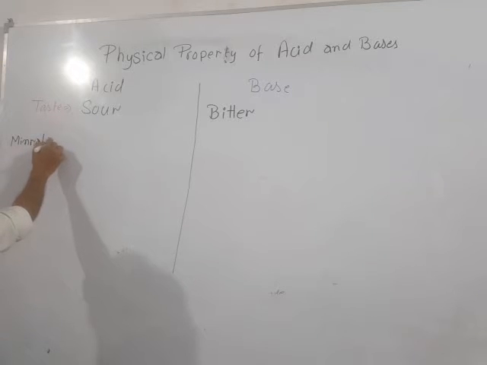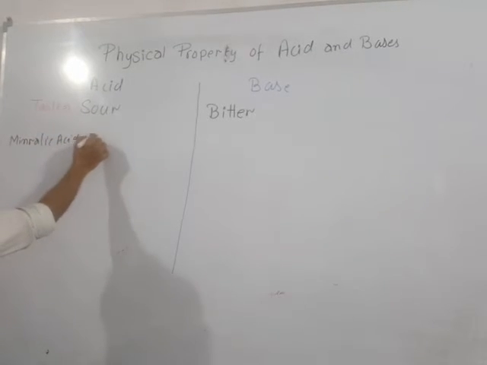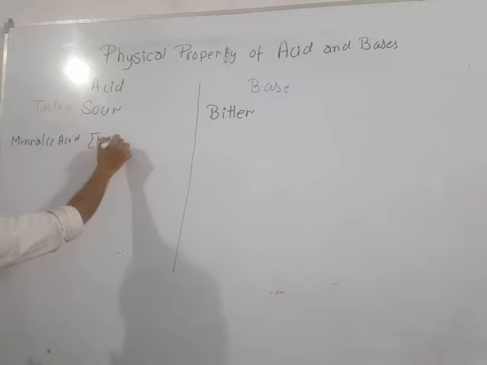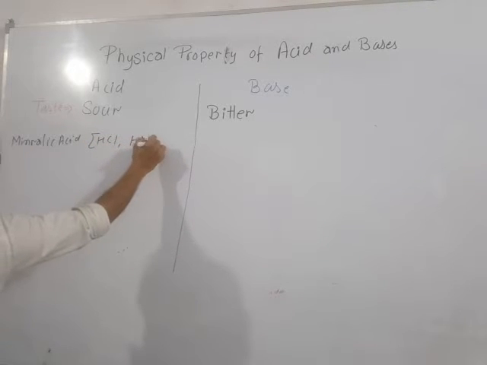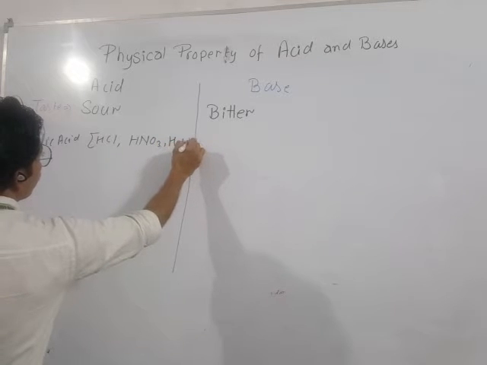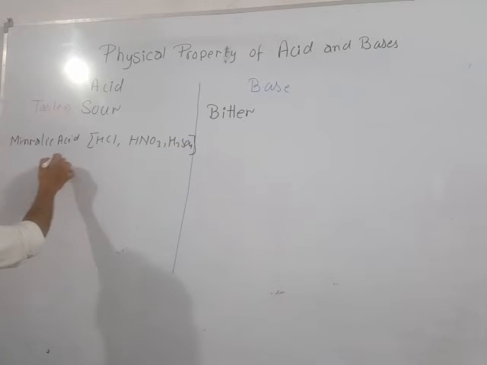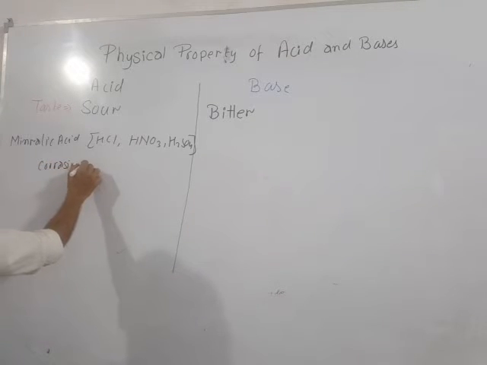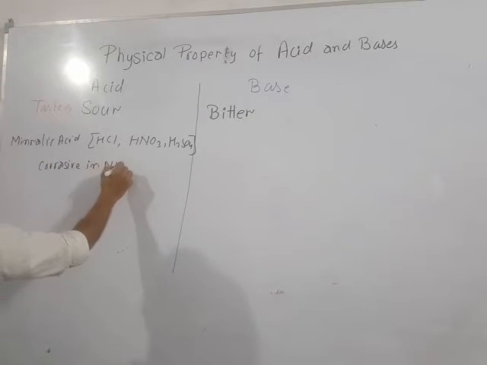Okay? Acids like HCl, HNO3, H2SO4. Okay? These are what? Corrosive in nature. What? Corrosive in nature.